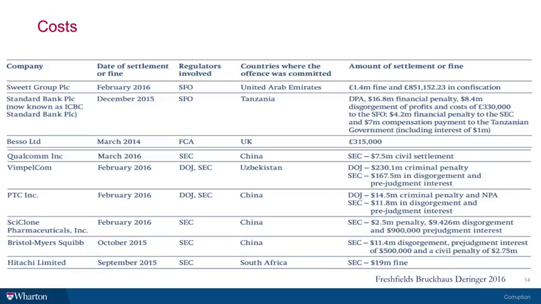I want to return for just 1 second to those level 1 costs. The United Kingdom, the United States, Germany, at the time that I'm recording this, are probably the most active in terms of imposing level 1 costs. But level 1 costs are imposed all over the world.